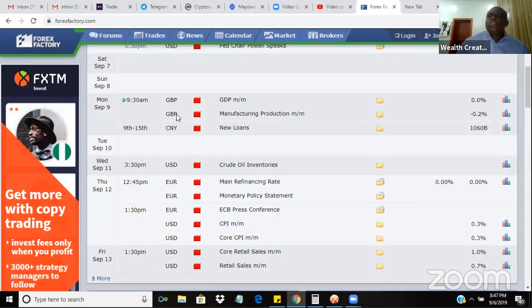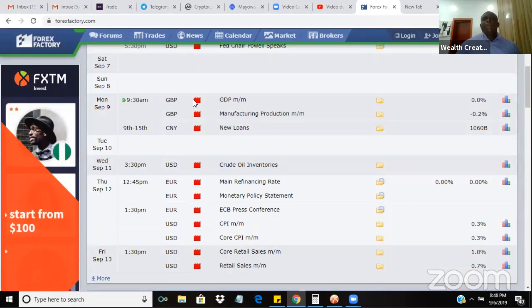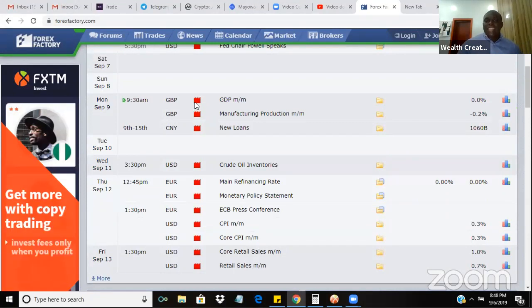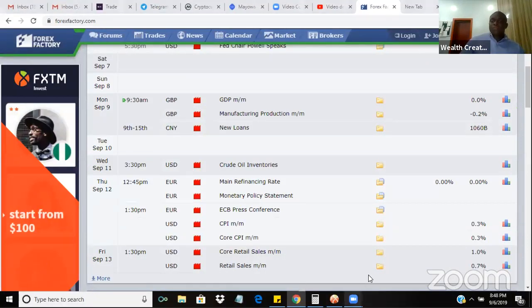Some traders don't trade the pairs that has news for the day, especially red folders. However, you can trade it, but stay away from the market an hour before the time and an hour after the time. An hour before 9:30 and an hour after 9:30.